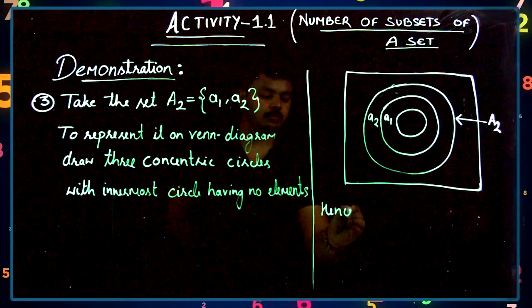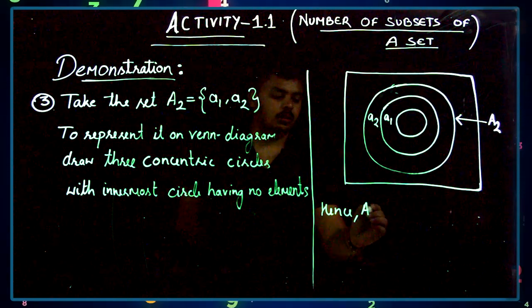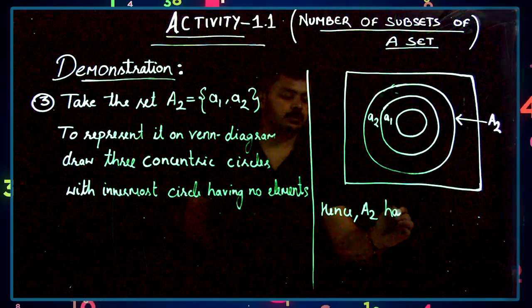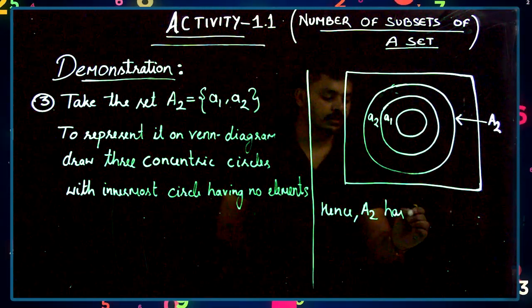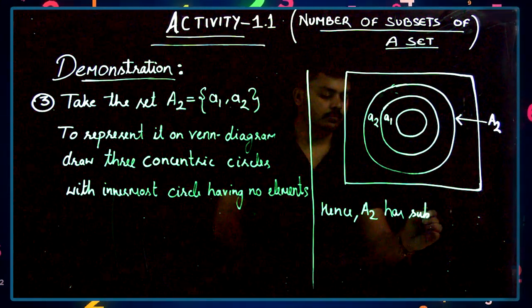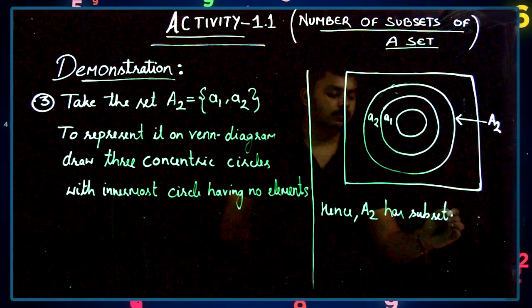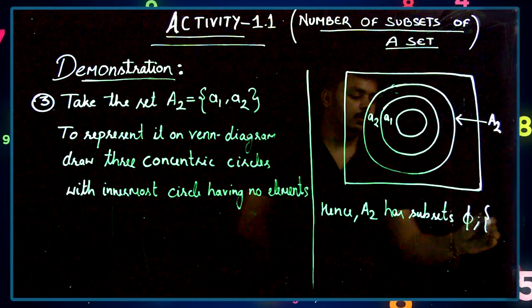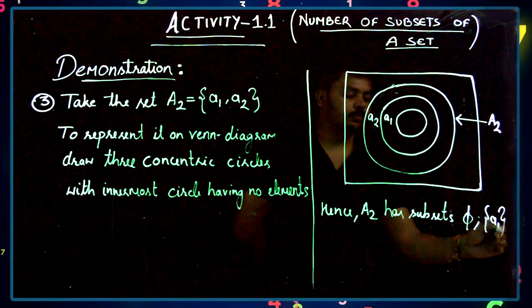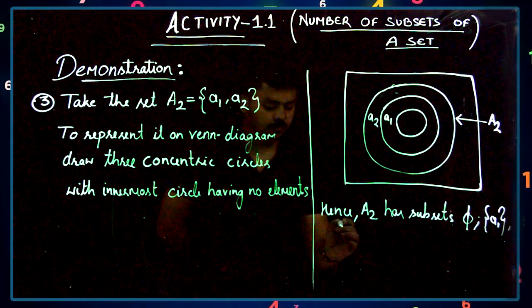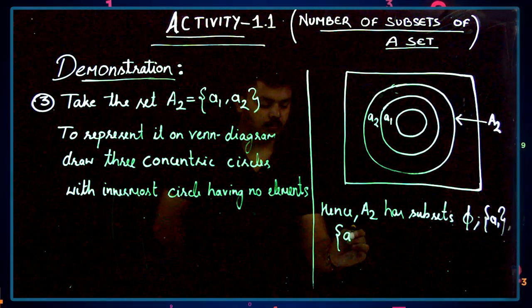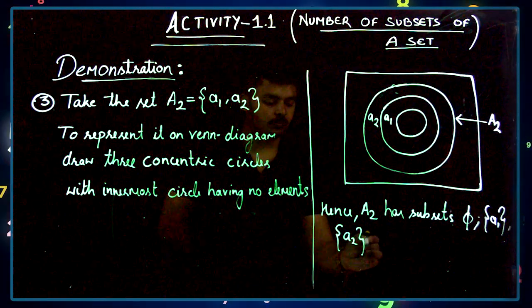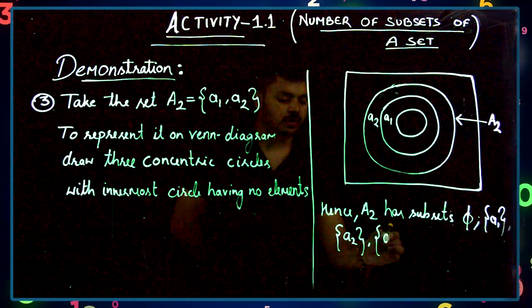Hence, set A2 has subsets phi, a1, a2, a1, a2.